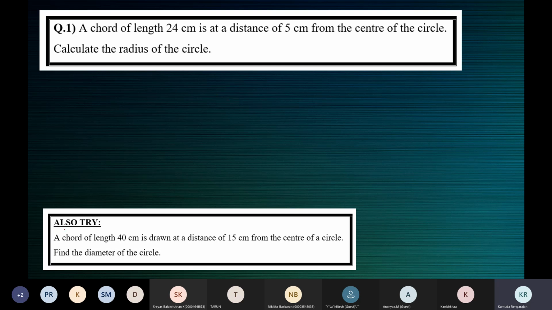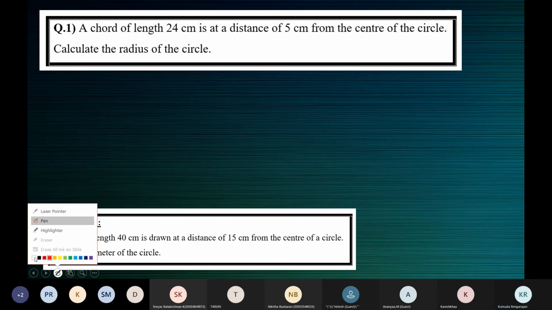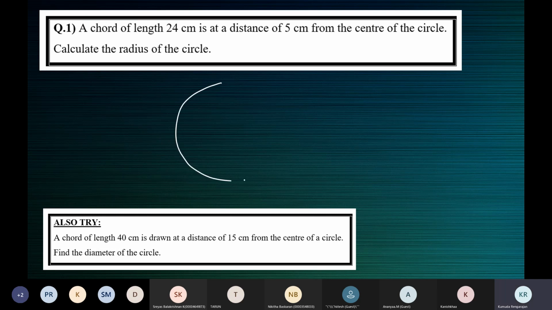So let's do that. A circle, and a chord of length 24 centimeters. Let AB be a chord of length 24 centimeters. It's at a distance of 5 centimeters from the center.